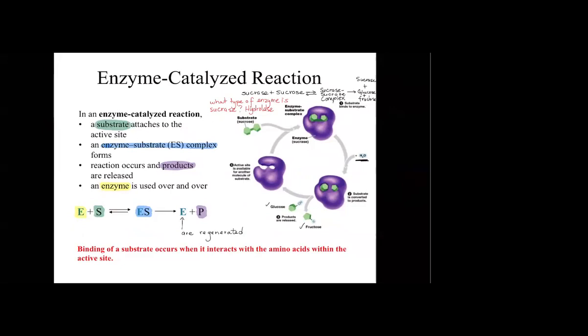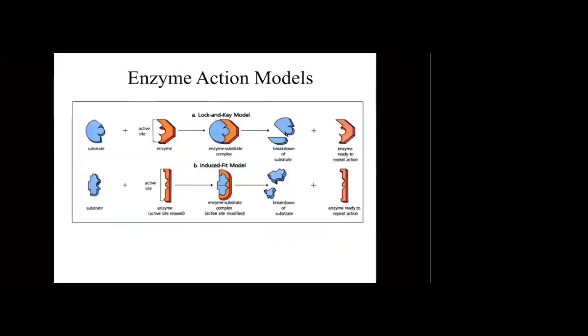Well, enzymes actually have different modes of action when they encounter a particular substrate. And it has been documented in the literature how different enzymes have different modes of action.